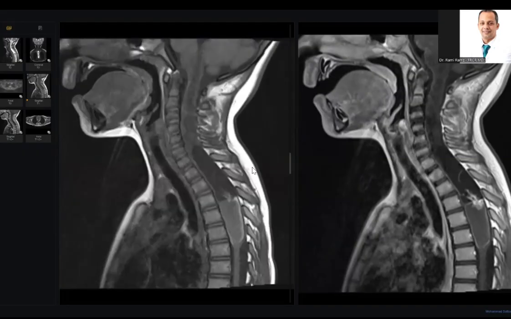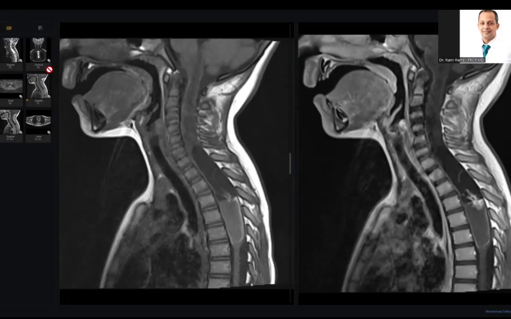In my practice, I will also check the axial images. However, this is an intramedullary lesion, a long segment extending to the lower medulla with a cystic component. My first possibility is a neoplastic process, likely ependymoma.